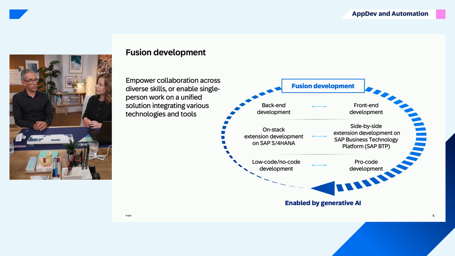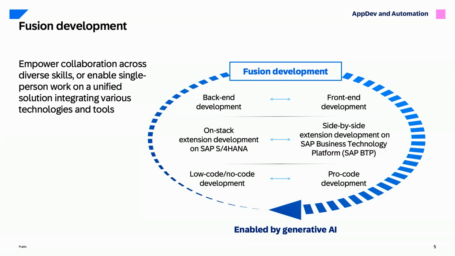Our main topic of today's talk, where Anna later will also show a nice demo, is Fusion development. What is Fusion development? Fusion development is basically either one person or several persons working on a solution that consists of several parts.